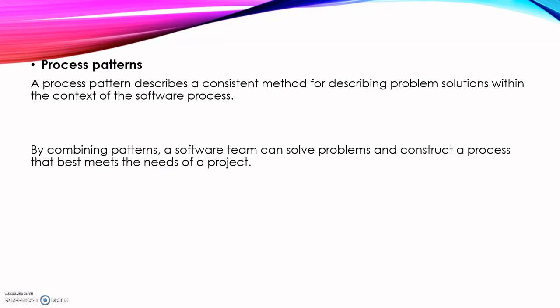A process pattern describes a process-related problem that is encountered during software engineering work. Then it identifies the environment in which the problem has been encountered and then suggests one or more proven solutions to the problem. Likewise, it suggests solutions so we can combine many patterns.